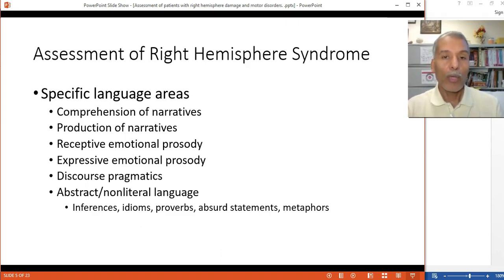You will also evaluate the ability to comprehend non-literal or abstract language, and the ability to produce abstract language as well. For example, idioms, inferences, proverbs, absurd statements, making jokes, metaphors.